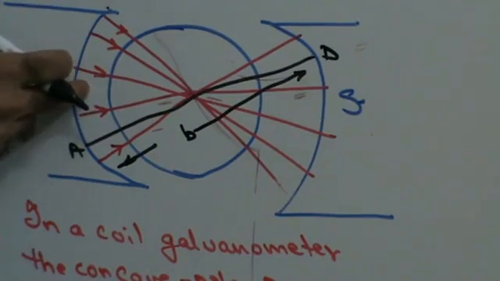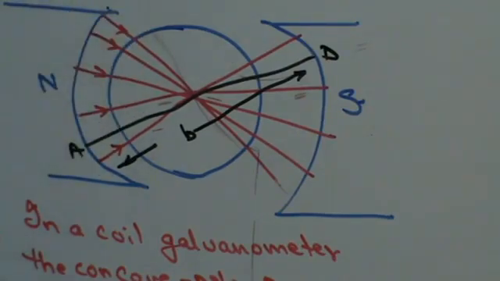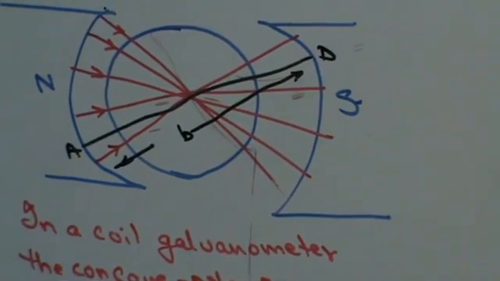At that position, the deflecting torque will be equal to the restoring torque. That torque will not go on forever, because there is a suspension fiber that is going to oppose the movement of the coil. And at a particular point of time, for a particular current, the deflecting torque will become equal to the restoring torque. Right? Can we write this down?